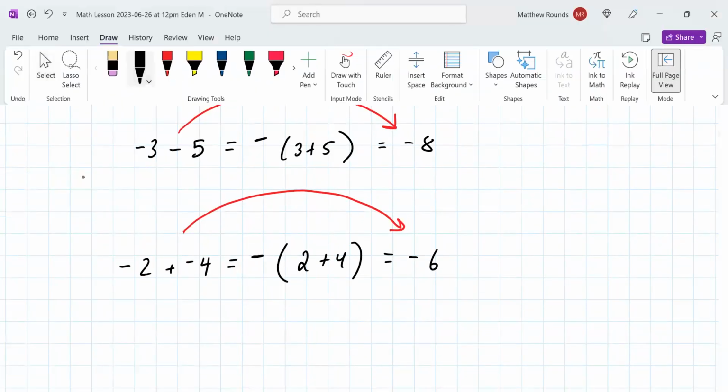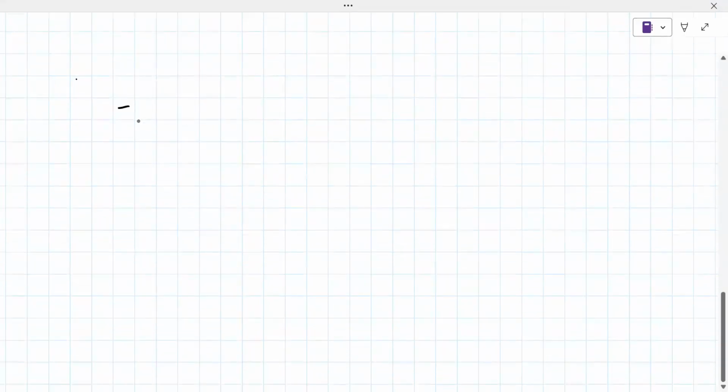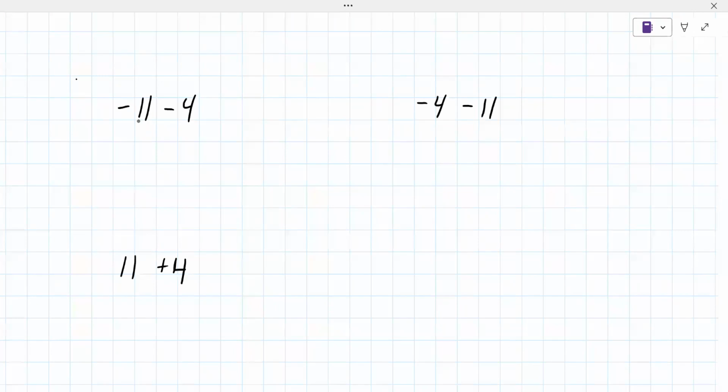So let me give you a couple of examples here to try on your own. All right, so go ahead and give these 4 a try, please, and let me know what you come up with. Just going to start off, 11 plus 4 is 15.